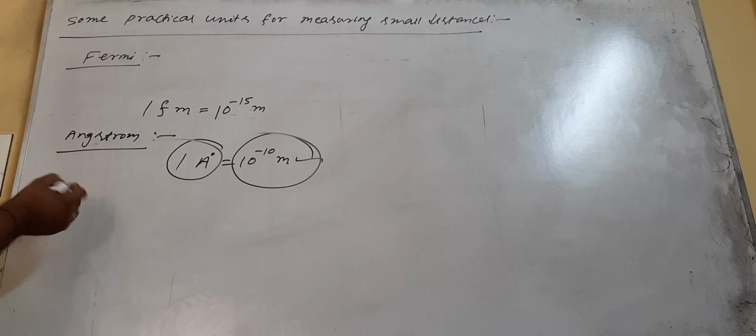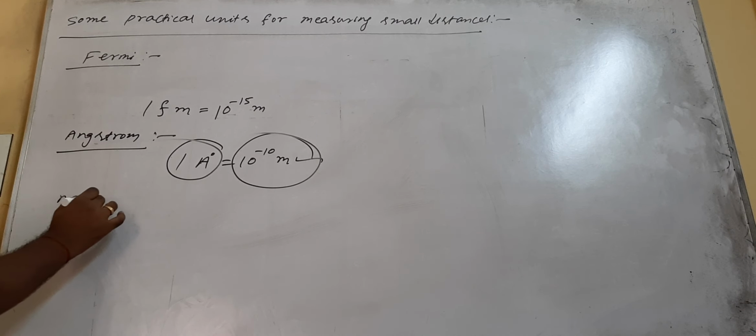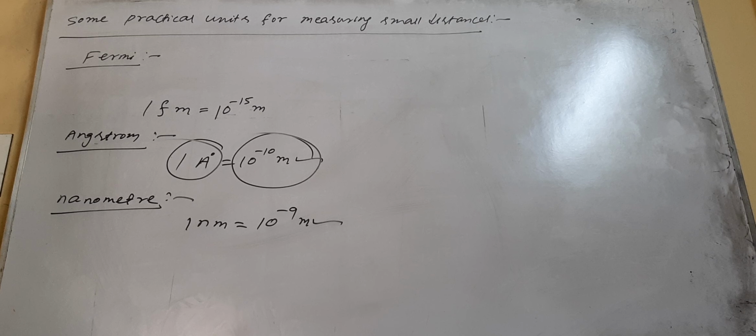Now come to nanometer. 1 nanometer is 10 to the power minus 9 meter. It is another smaller unit of distance.